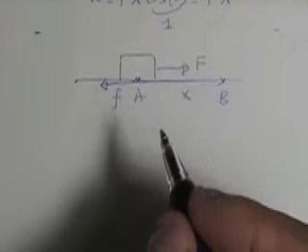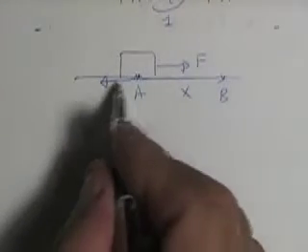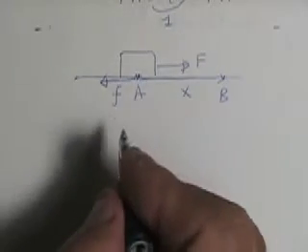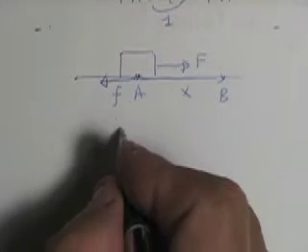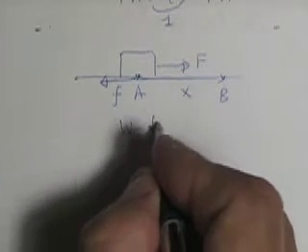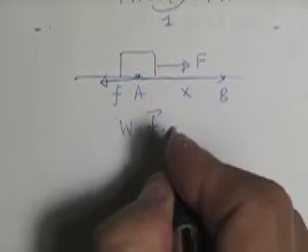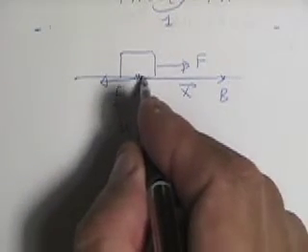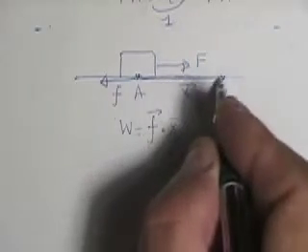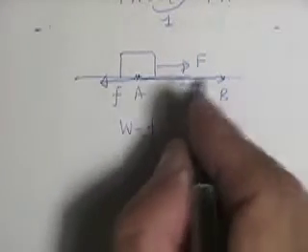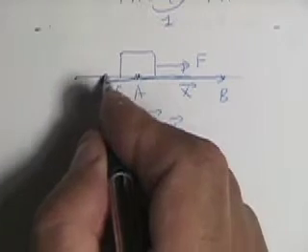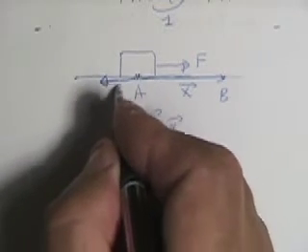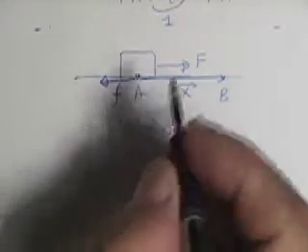Now, the work done by the friction is W, equal to the force of friction dot the distance x. Since the block is moving to the right, x is pointing to the right, and you can see that the force small f is pointing to the left.